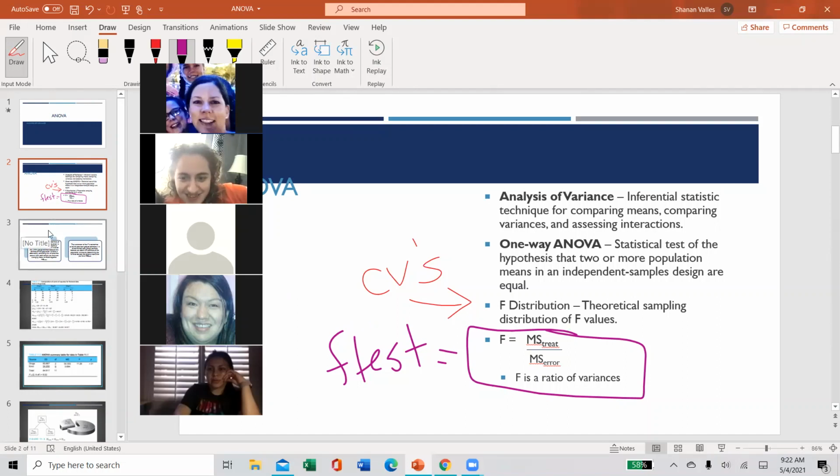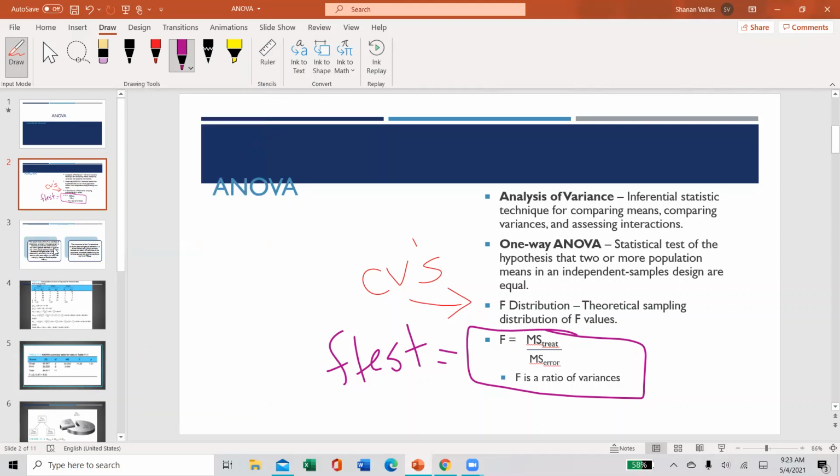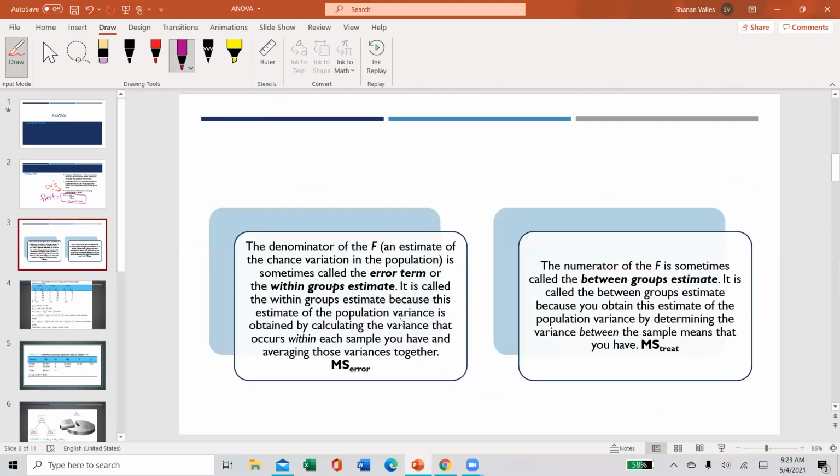You're welcome. Okay, let's look at this part real quick, and I'm gonna explain this MS treat and this MS error, okay? These are kind of flip-flopped. I don't know why it did it this way, but that's okay.